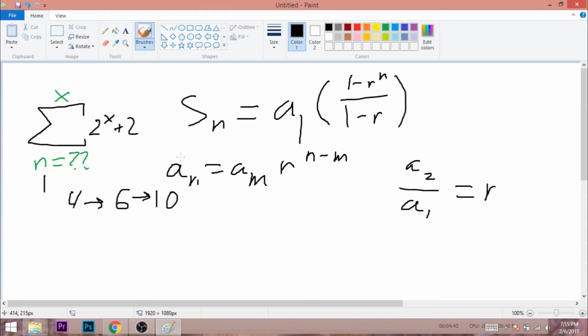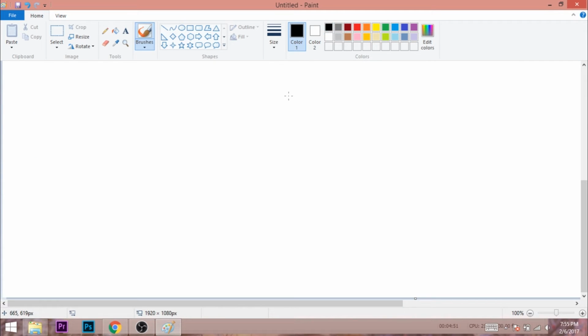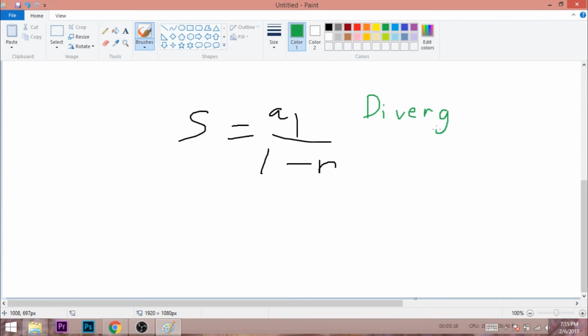Next, let's talk about the sum of an infinite geometric series, or an infinite geometric sum. This would be S is equal to a1 divided by 1 minus the ratio. Well, there are two types of geometric sums. There's diverging ones, and then there's the converging ones.